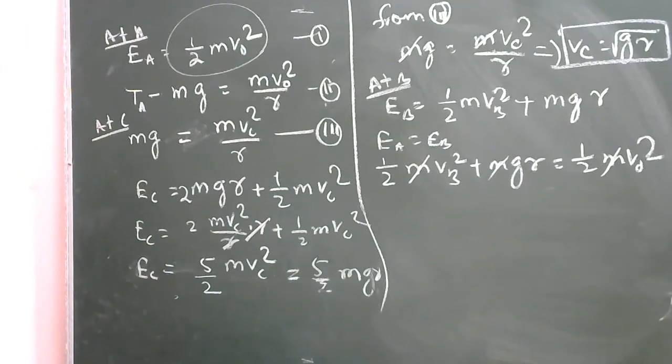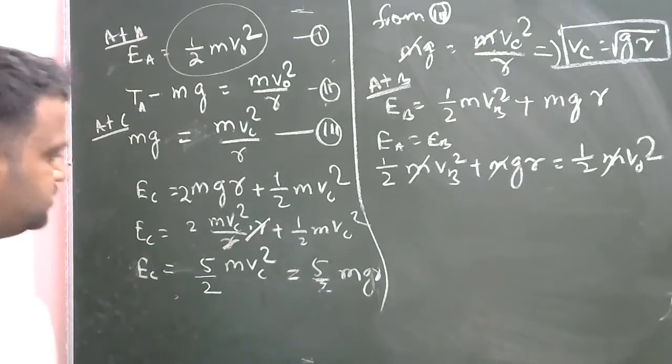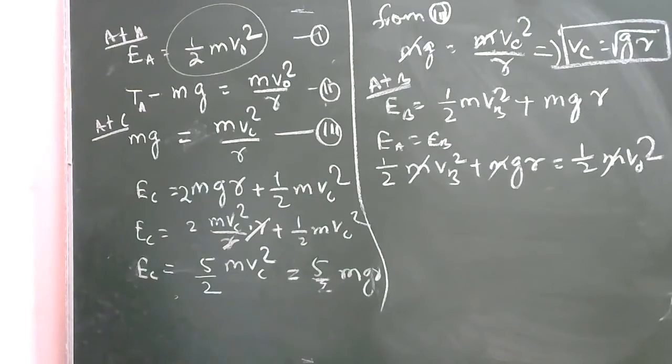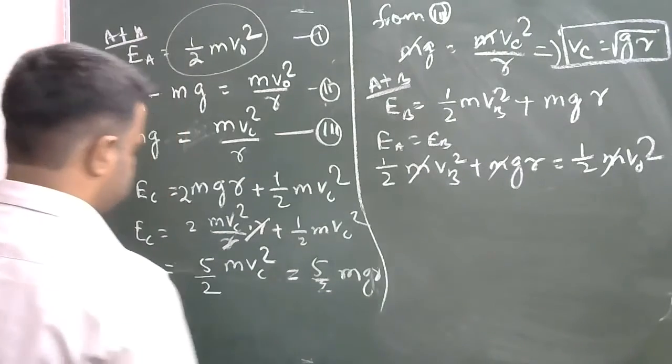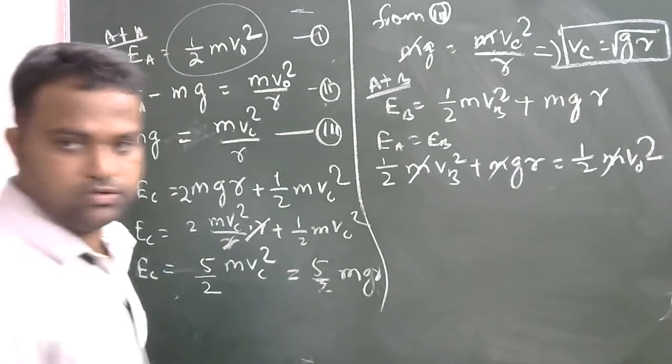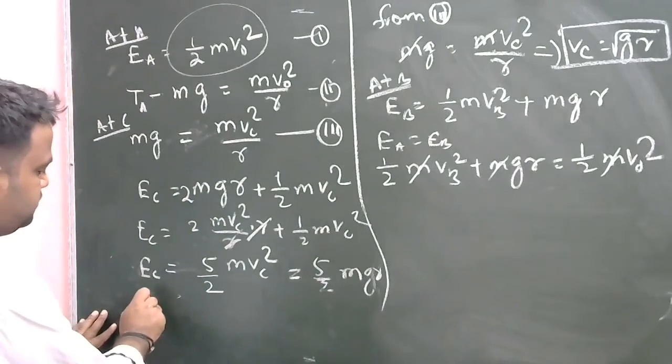We have calculated VB, we have calculated V0. What is V0 we have calculated? Here we had calculated, I just erased.